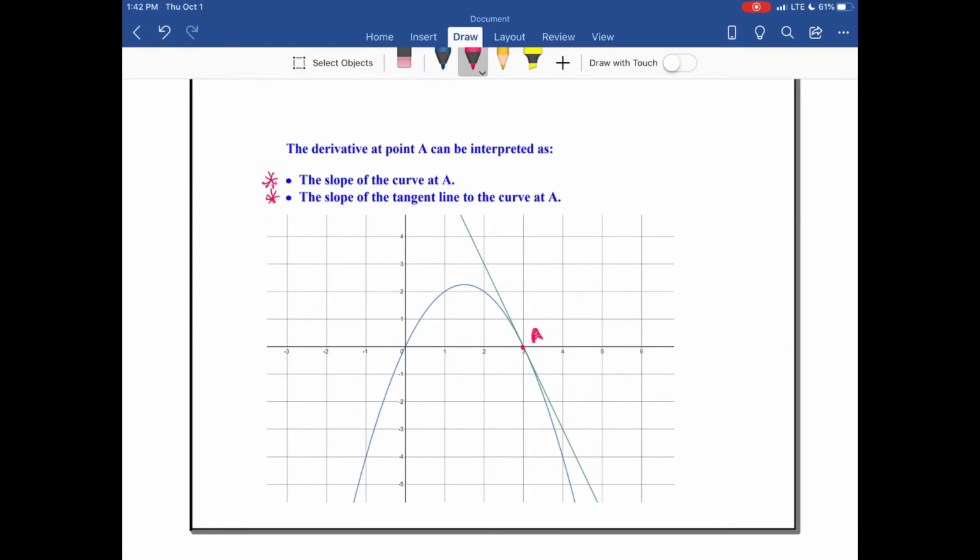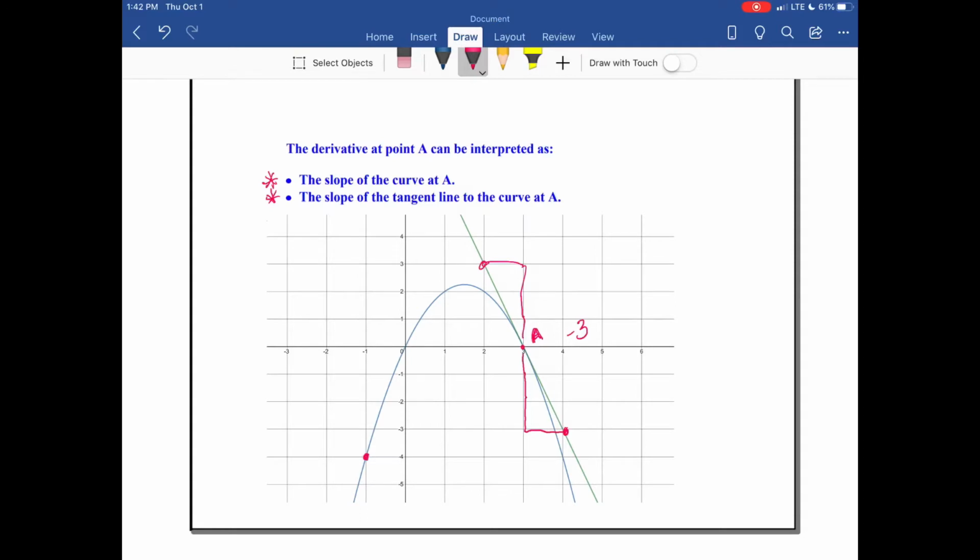I can do that by counting boxes. We go rise over run. So maybe we can see that we're going down 1, 2, 3, and over 1. So the slope of that curve at that point x equals 3 is -3. I could have gone this way as well. Up 3 to the left 1, same thing, right?